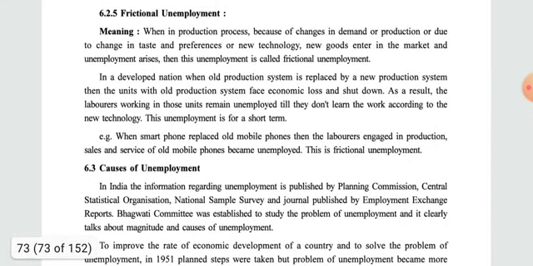It is when the production process is replaced by a new production system. Then the units with the old production system face economic loss, and the employees working in the old technique of production become unemployed for some period of time until they learn the new production technique. That is called frictional unemployment, and it is a very short period of unemployment.